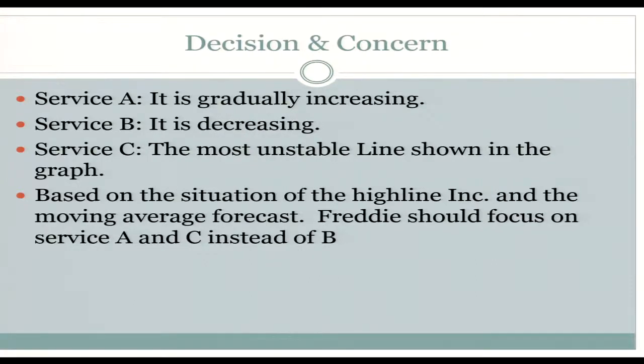Each manager doesn't want to say service C and service B, so the suggestion for Freddy, I don't know who it is, but I would suggest putting more effort into service A. So this is the moving average for 3 services. That's what I did.